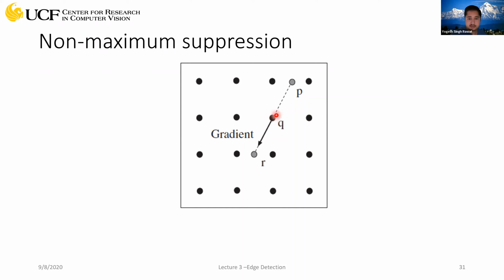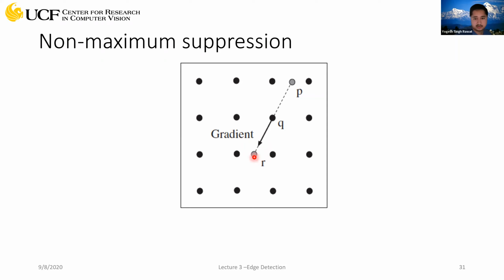So for example, in this case, if the direction of gradient is this one, moving from P to R, we will try to interpolate the values of these two pixels. There are different methods. You can interpolate, or you can just use assignment.